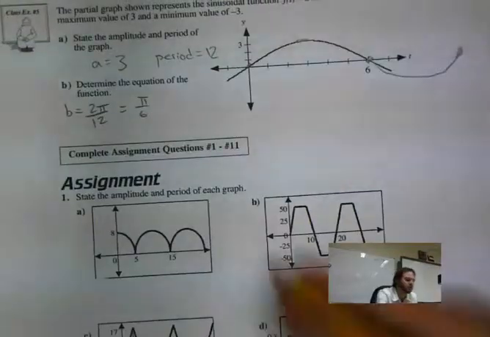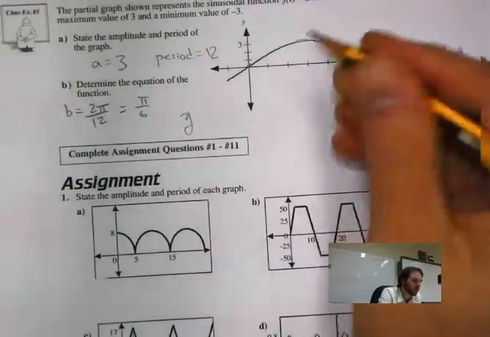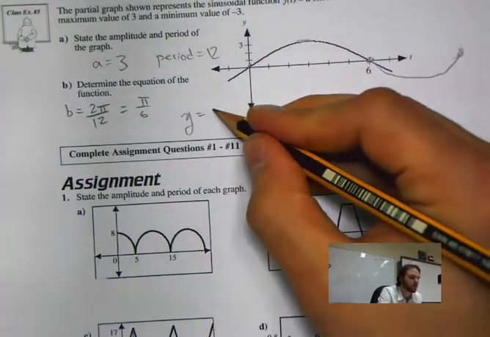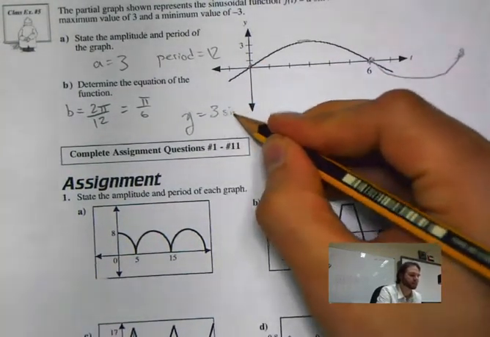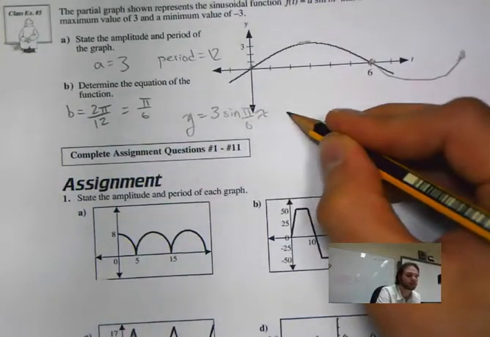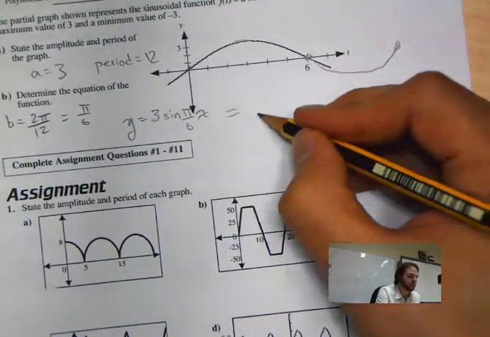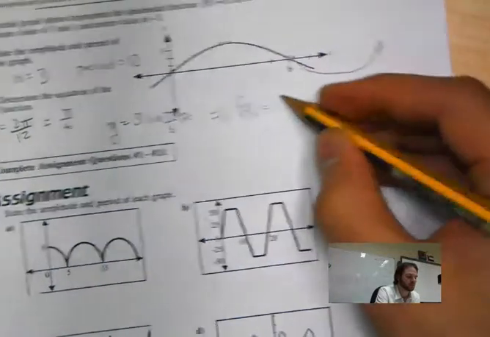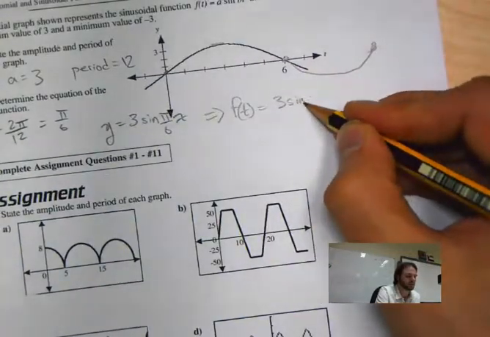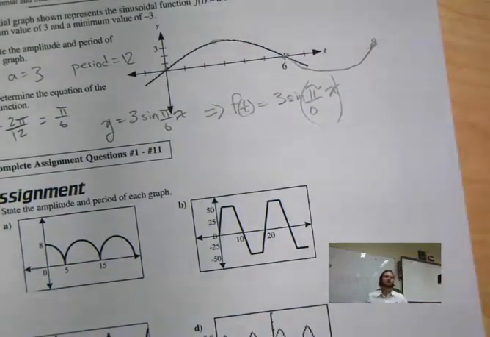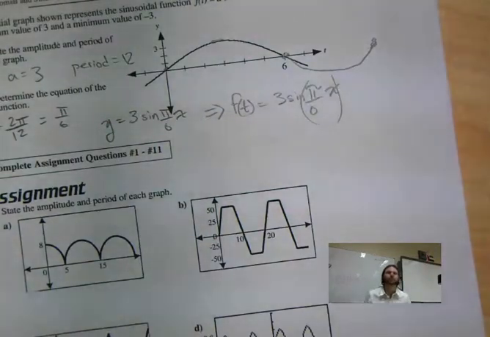So what is my equation? f of t is equal to 3 sine pi over 6 t. Let me write it out better for you: f of t is equal to 3 sine pi over 6 t. And that is my answer. Okay? So hopefully you understood this, and good luck on your assignment tomorrow.